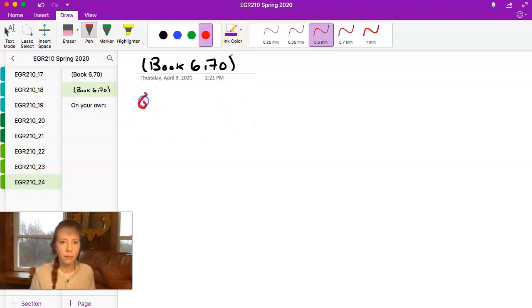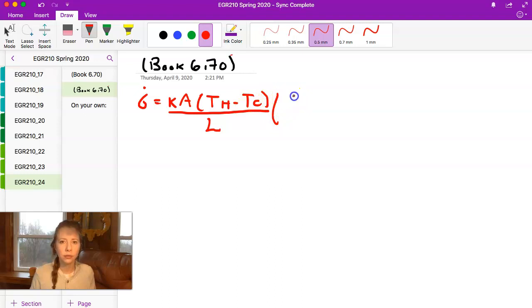So sigma dot is going to be kappa A times TH minus TC over L times 1 over TC minus 1 over TH.